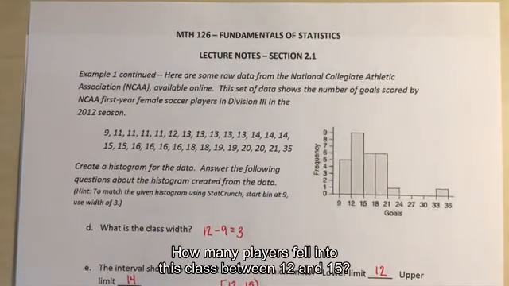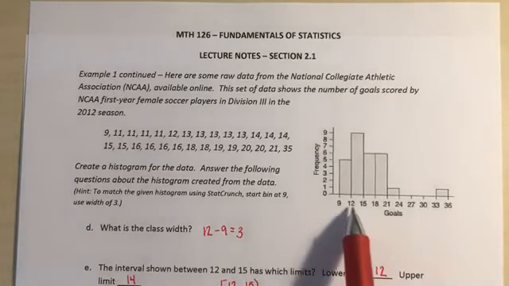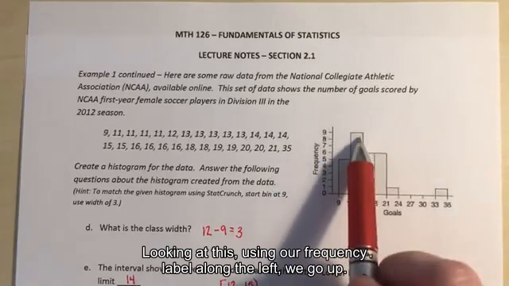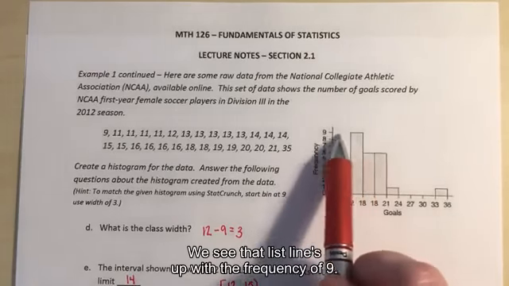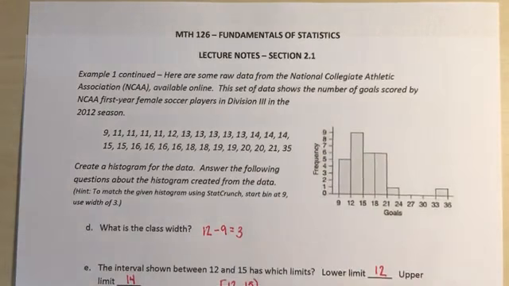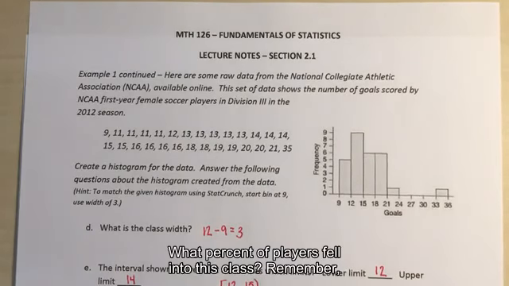How many players fell into this class between 12 and 15? Looking at this using our frequency label along the left, we go up and see that it lines up with the frequency of 9. So we're going to say 9 players. What percent of players fell into this class?